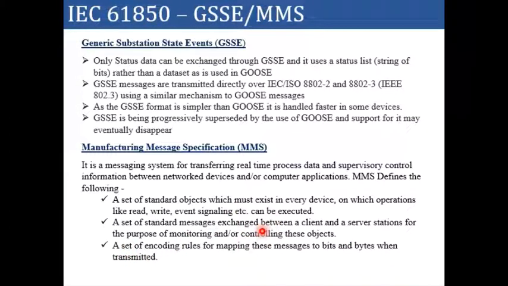That's why MMS uses TCP/IP for routing the data. Here, a set of encoding rules for mapping of these messages is required whenever it is transmitted. So because of that, we generally utilize ACSI services for the data exchange.